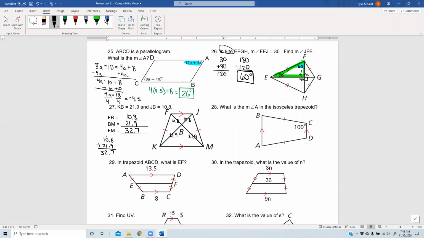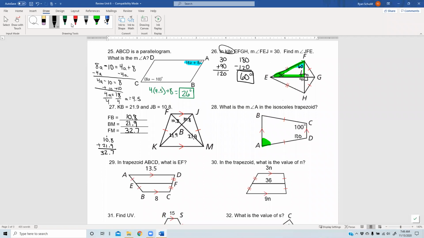Okay, number 28. What is the measure of angle A in the isosceles trapezoid? So they're looking for A right here. Well, let's see, I know D is 100.